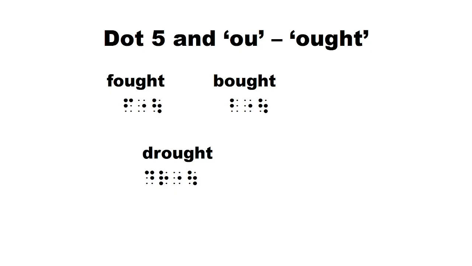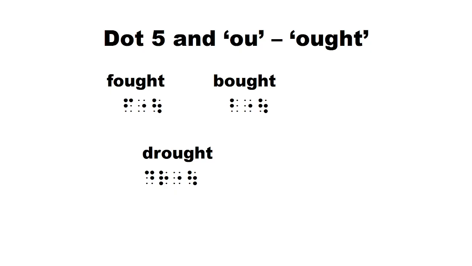So let's take some examples. Here we have the word fought. We write F for the first letter, and we can contract ought using dot 5 on the first cell and the contraction for OU, 1, 2, 5, 6.